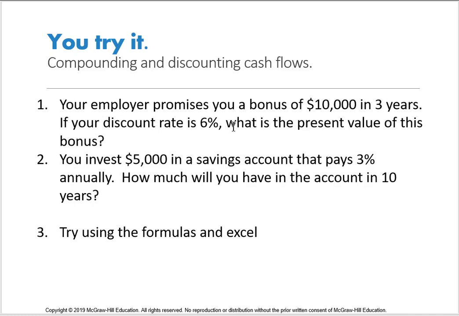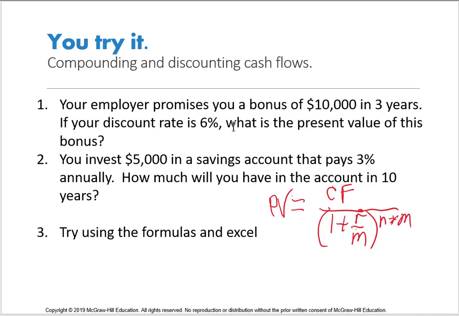So if we look at the formula, present value equals the cash flow divided by 1 plus R divided by M, that in parentheses, to the N times M.